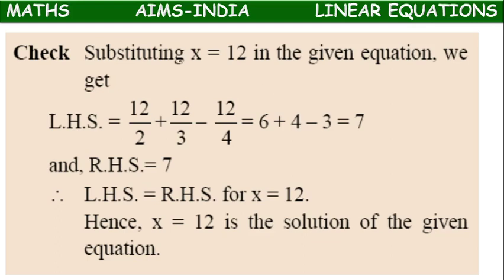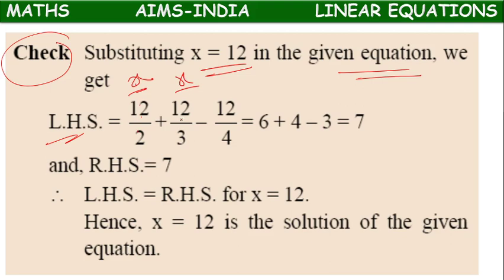How to cross check it? Substituting x equal to 12 in the given equation. LHS: x by 2, in place of x we keep 12, plus x by 3, 12, minus x by 4, in the place of x, 12. 2 sixes are 12, 3 fours are 12, 4 threes are 12. 6 plus 4 minus 3: 6 plus 4 is 10, minus 3 is 7.